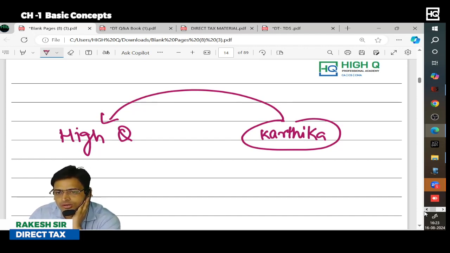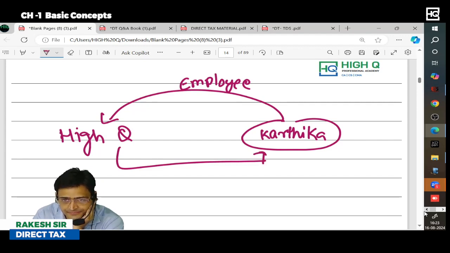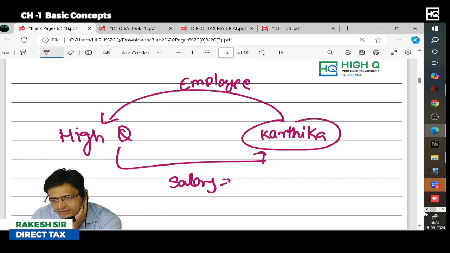So she is an employee in IQ. Let's say she gets a salary. How much? Some random amount I am writing. I don't know her salary. Why would she work for 30? 25? Mad?